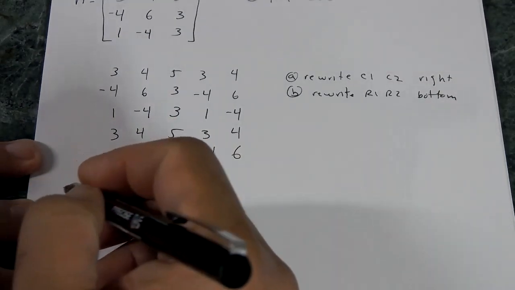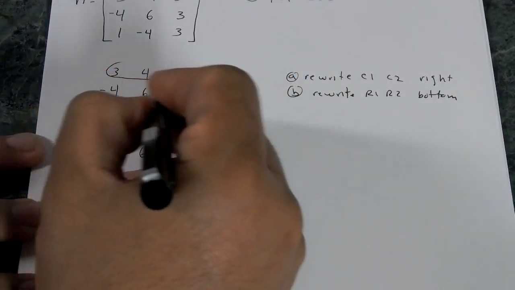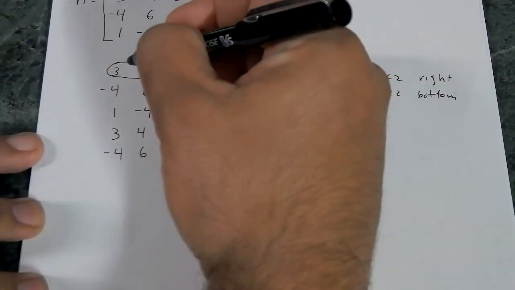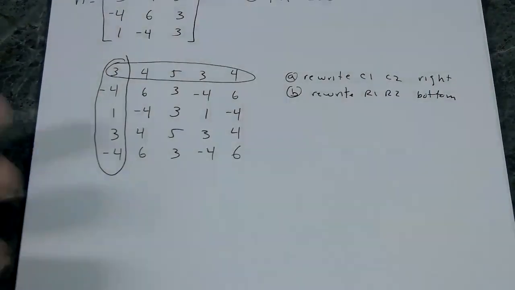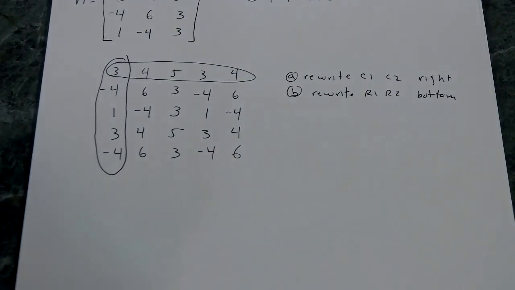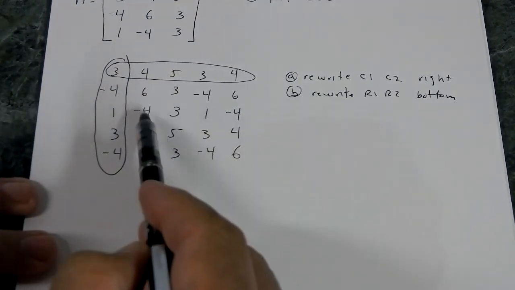I'm going to highlight the row and the column right there. See that? All right. So here it is. Do you see these first four numbers right there?